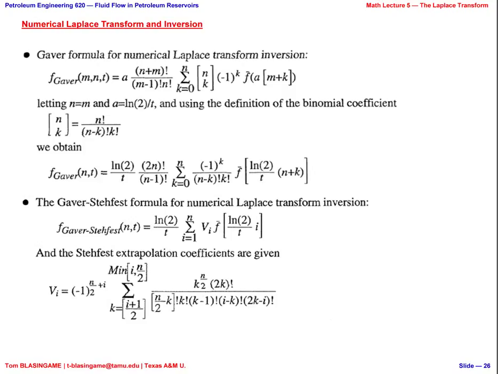But later, Stehfest came and rearranged this inversion formula and expressed it as simply as this.